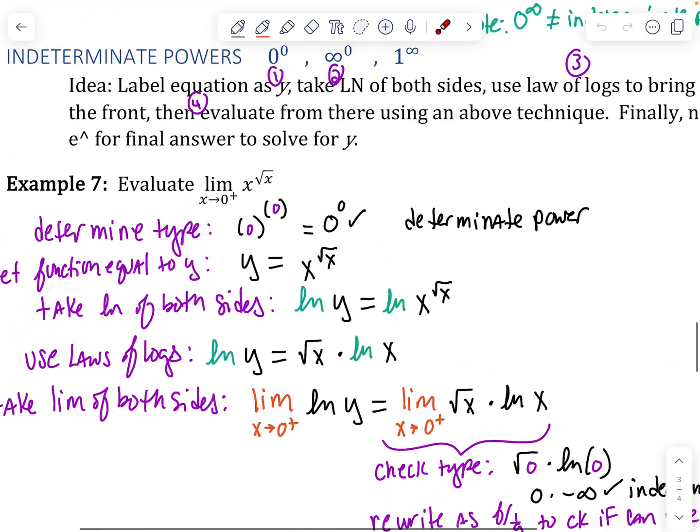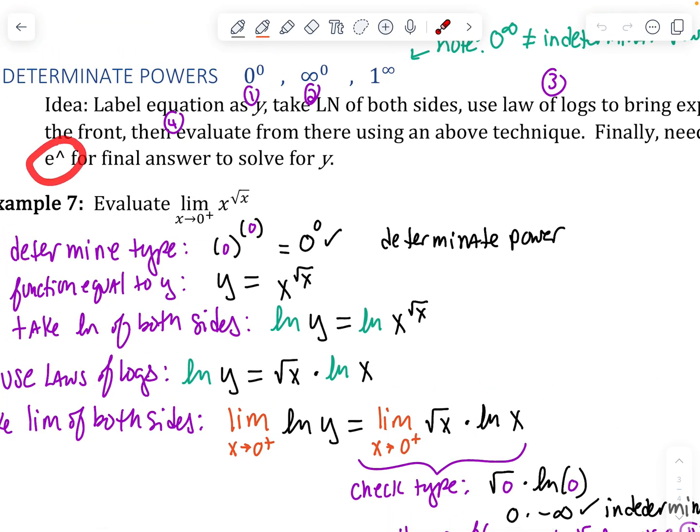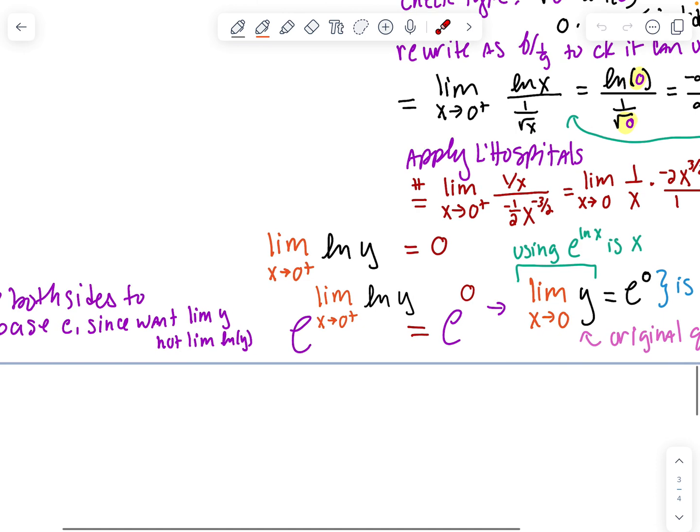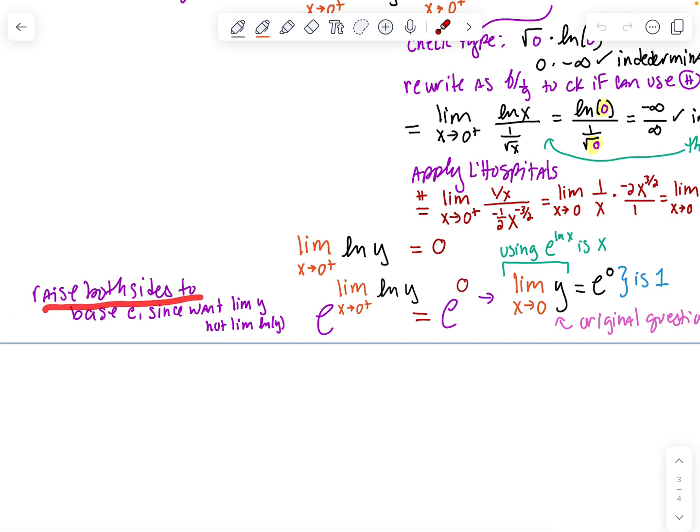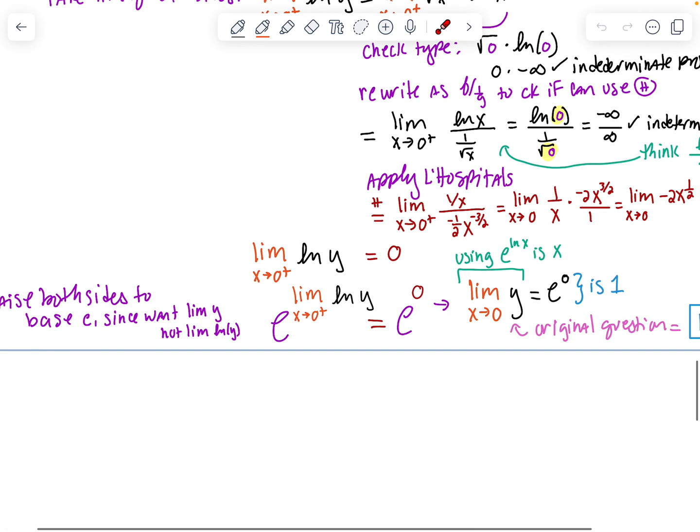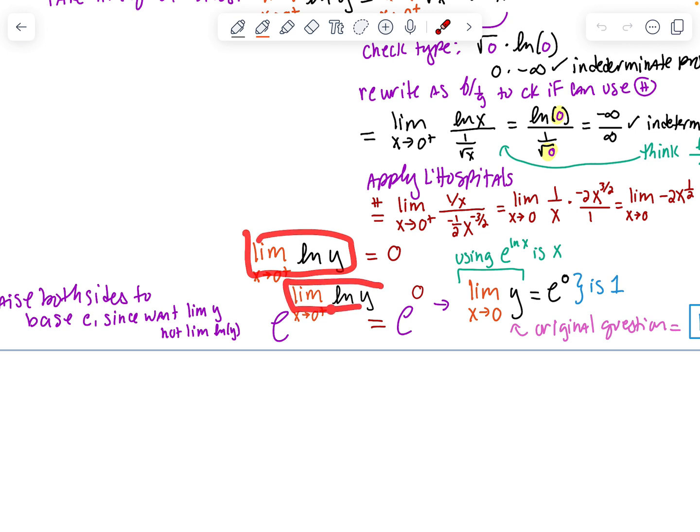So we're at our very last step, which says you want to end by raising both sides to a base of e. I'm raising both sides to base e. So I'm going to take this term and make it the exponent of e. I'm going to take this term and make it the exponent of e. Okay, so when you look at this left side of the equation, because I have e and an ln, these can actually be written interchangeably.